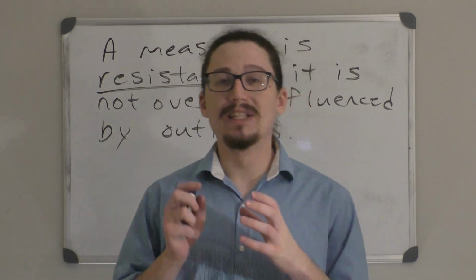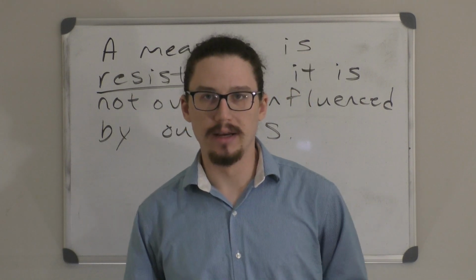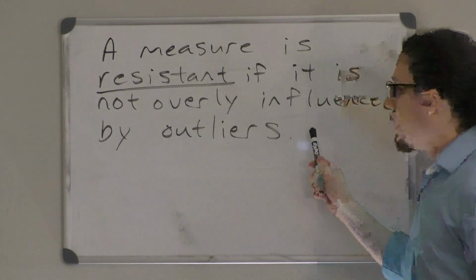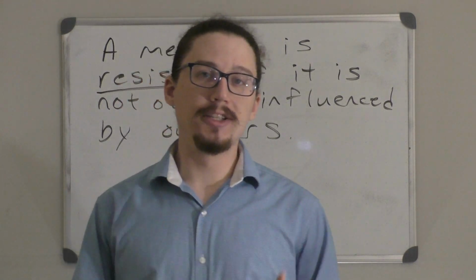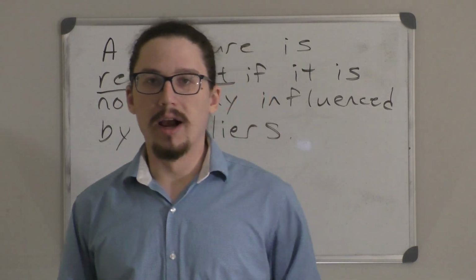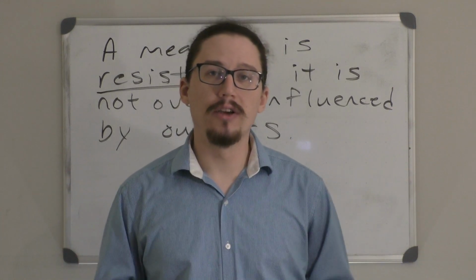We're not going to get too bogged down in what outliers are in this video. We'll discuss those a little more in one of the videos for next week. But an outlier, the long and short of it, is a value that is relatively large or small compared to the rest of the data.